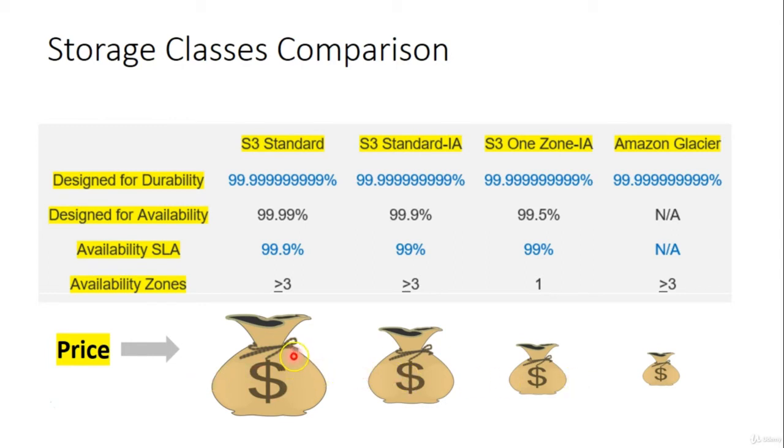You have to pay a higher price for S3 Standard, and while you are going from left to right, the price will decrease. S3 Standard is the highest one in terms of pricing and Glacier is the cheapest one. S3 Standard IA and One Zone IA are similar services, but as One Zone is replicated only in a single zone, it has been priced less than Standard IA.